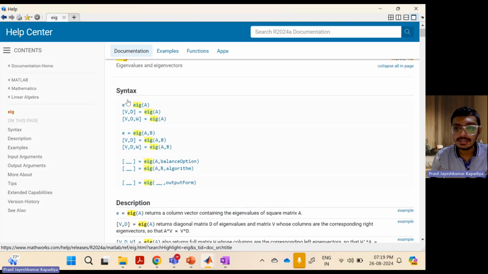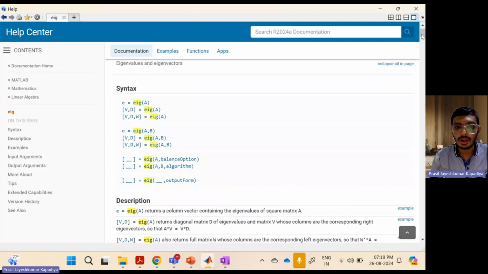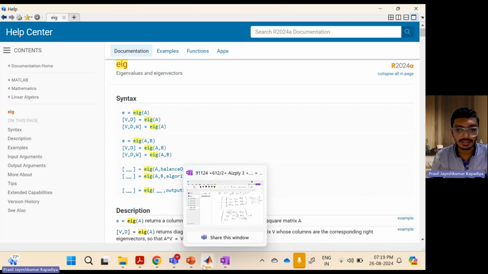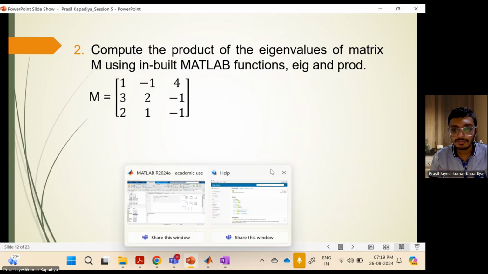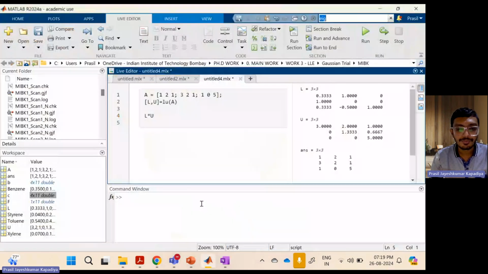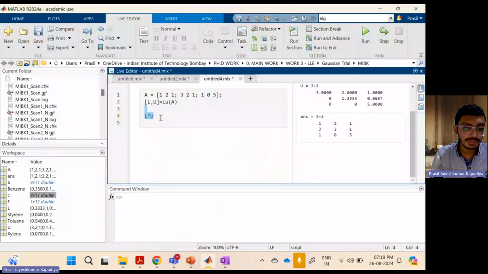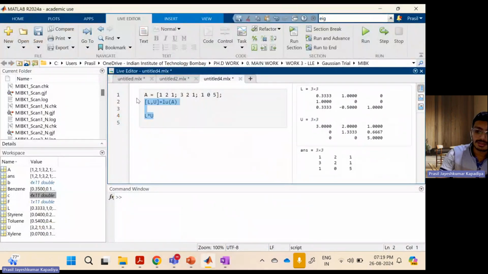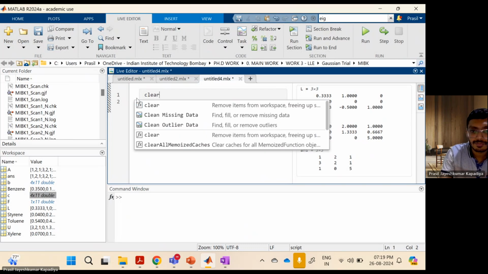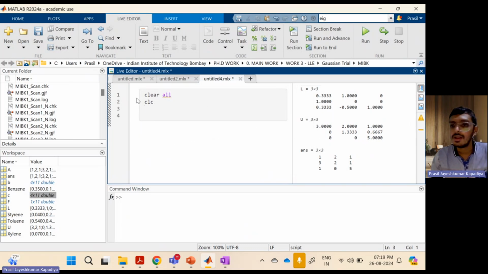So eig of A will give you the eigenvalues. I just need to write eig of A. Okay, let's take this problem and first write down the matrix.